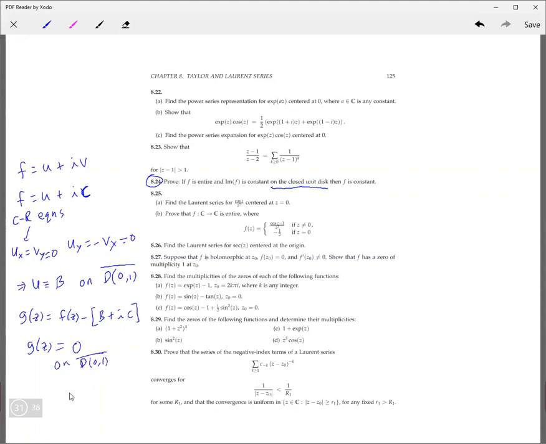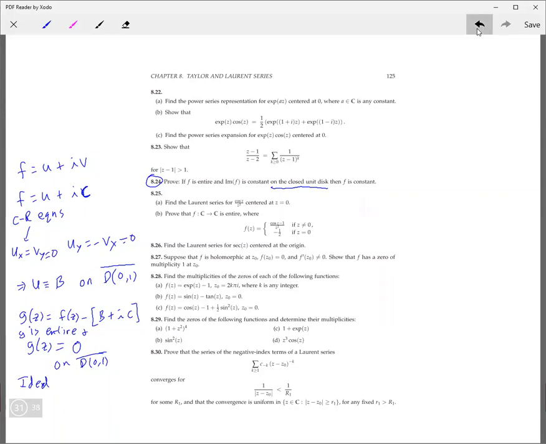So you have that it's 0 on the unit disk, and also g is entire. So then look up the identity principle.